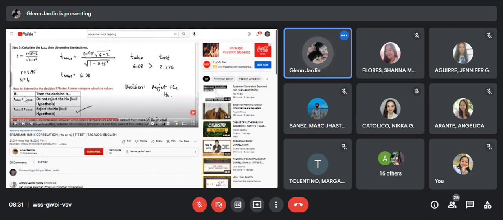So general rule, if t-computed is less than the t-critical, we do not reject the hypothesis, and kapag kabaliktaran naman, ang ating t-computed ay mas malaki or equal to sa critical value, we reject the hypothesis.